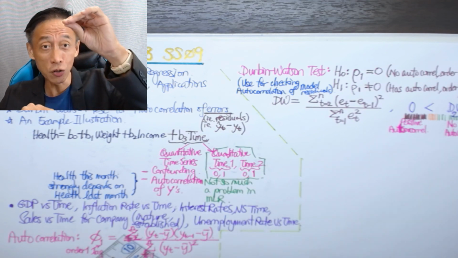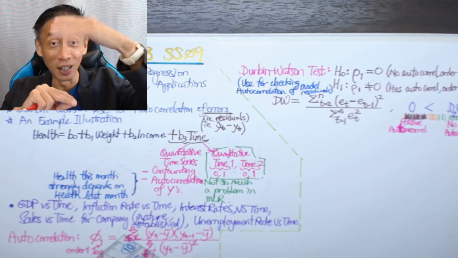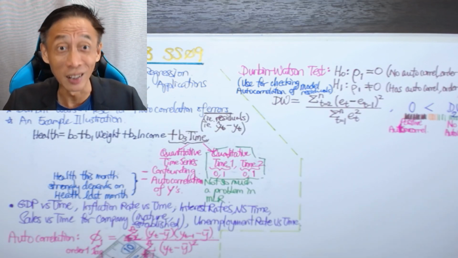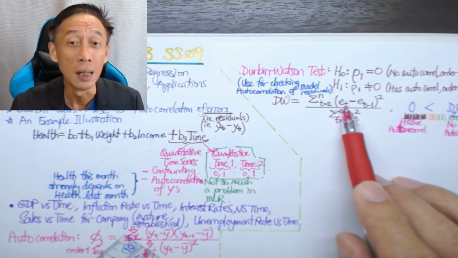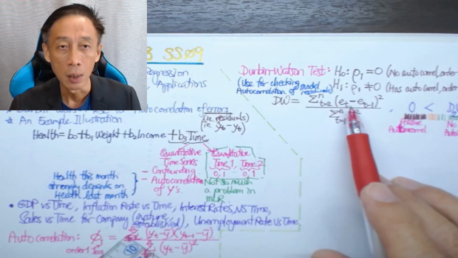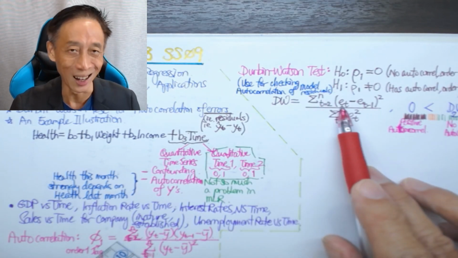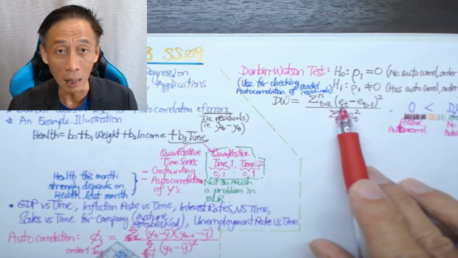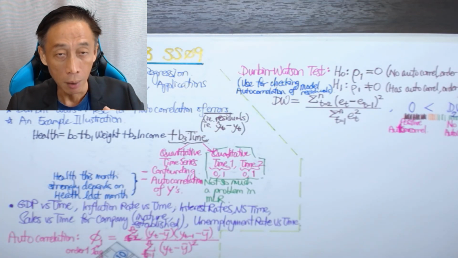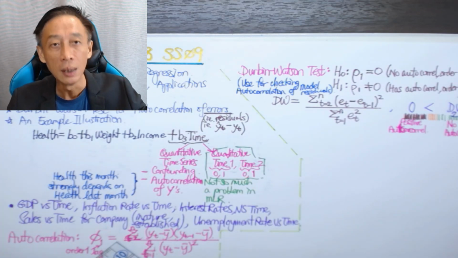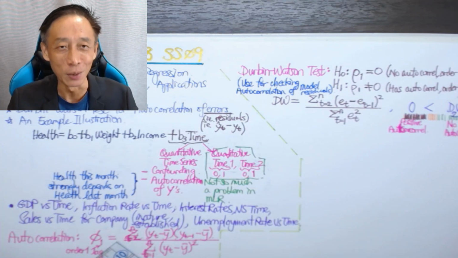But when time is large, it has grown exponentially. The gap has grown exponentially. The gap is precisely the residual, the error term here. That is why the Durbin-Watson test will go for the error term as the unaccounted for gap, right? Does it grow? Does it depend on its previous self?